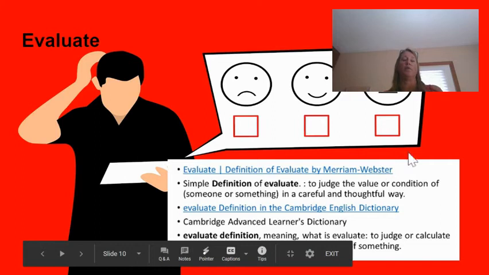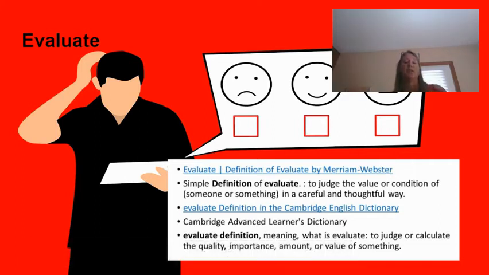All right, now moving forward into evaluate. A simple definition of evaluate is to judge the value or condition of something in a careful and thoughtful way. And in social studies, when we evaluate, we're often using that word judging. You're judging if something seems like it is right or wrong. You're judging using evidence from what you learned. If something was effective, did it work?